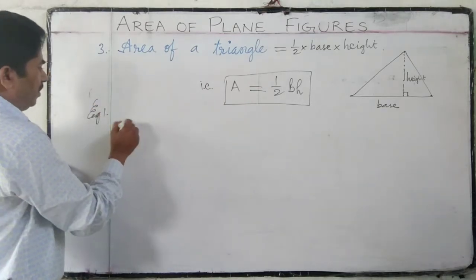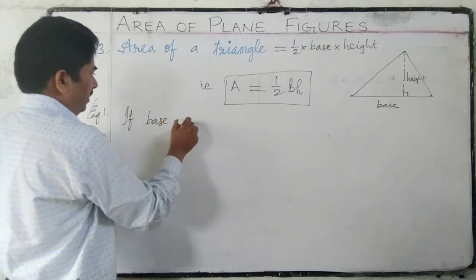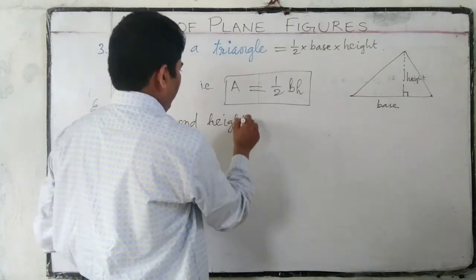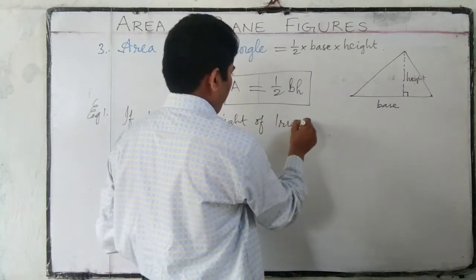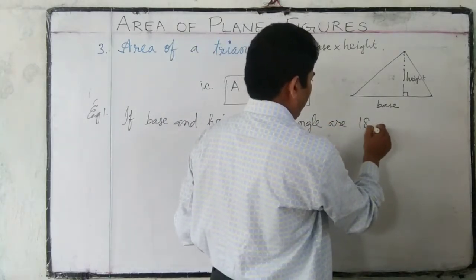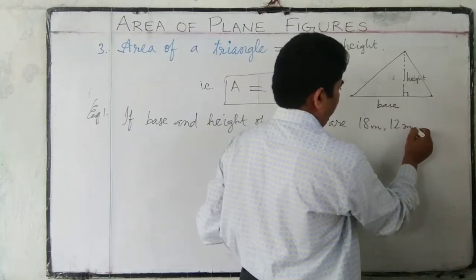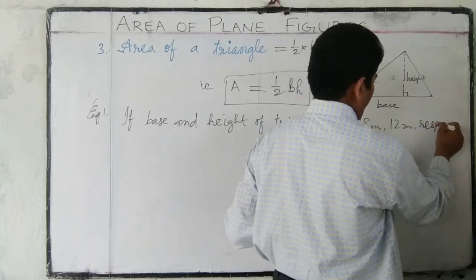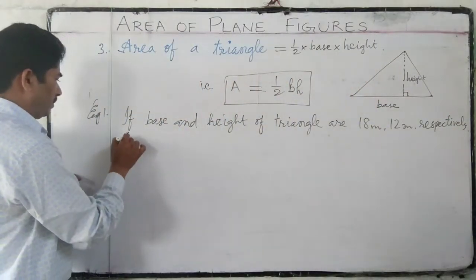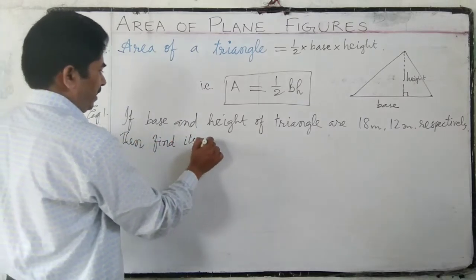Example, if base and height of a triangle are 18 meters and 12 meters respectively, then find its area.